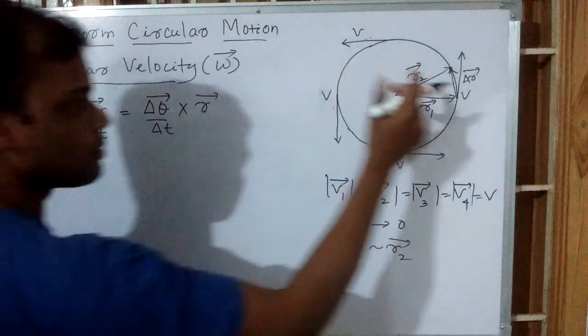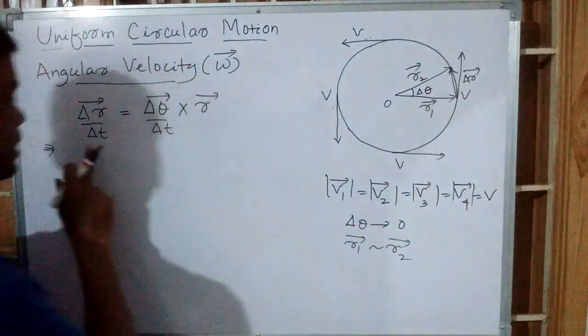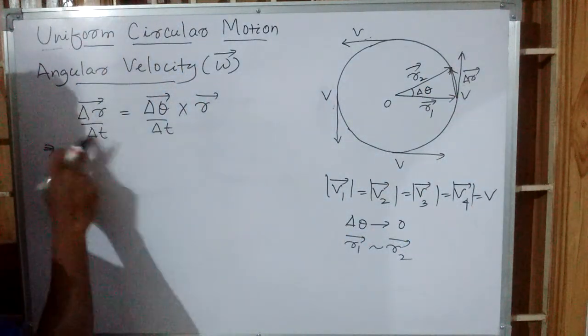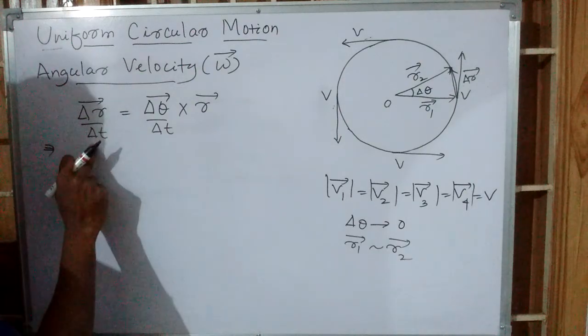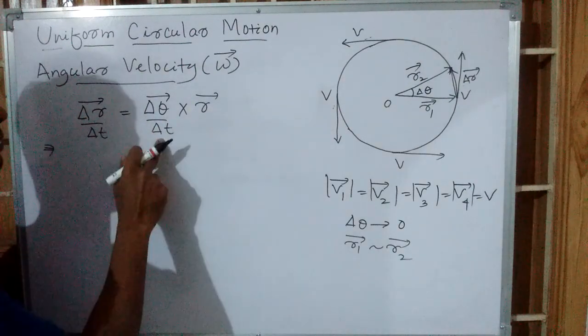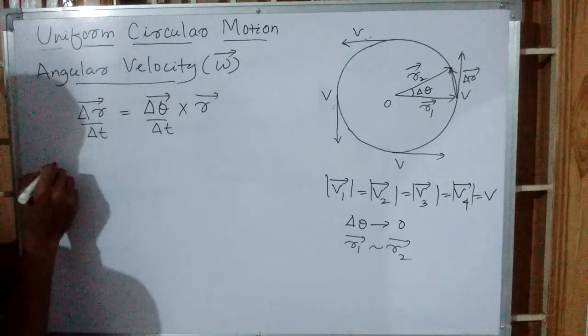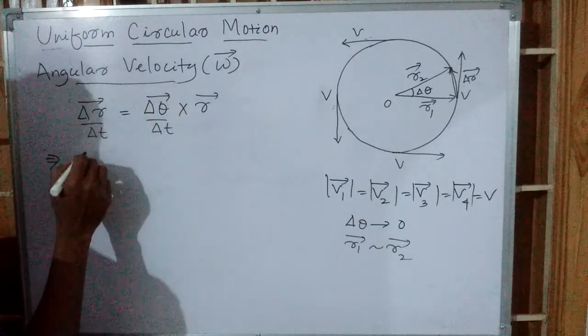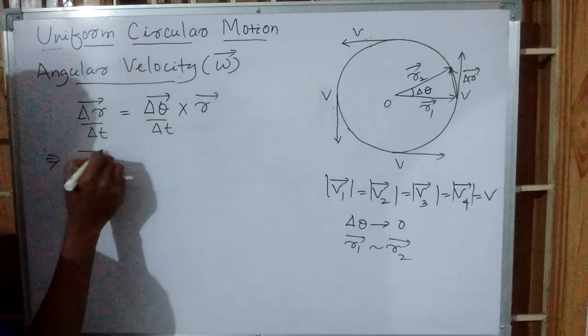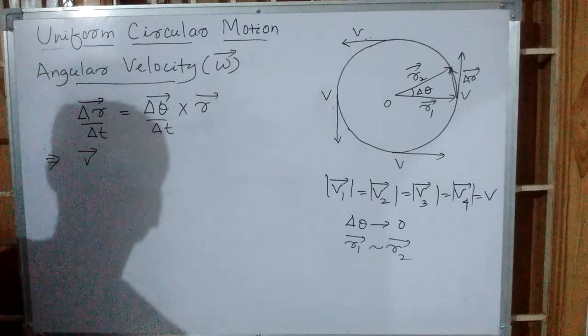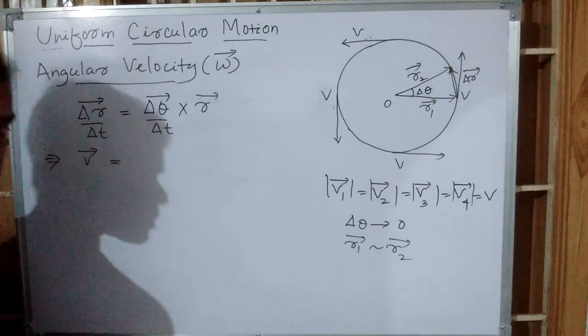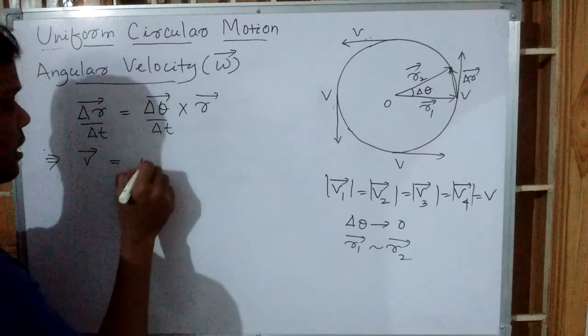The time taken by the body to go from this point to this point is del t. So this will be my linear displacement by time. This is angular displacement by time. So this will be equal to, this is nothing but linear velocity.